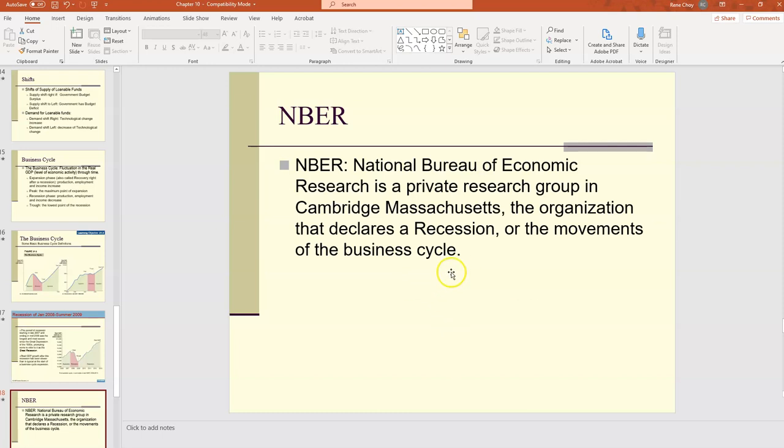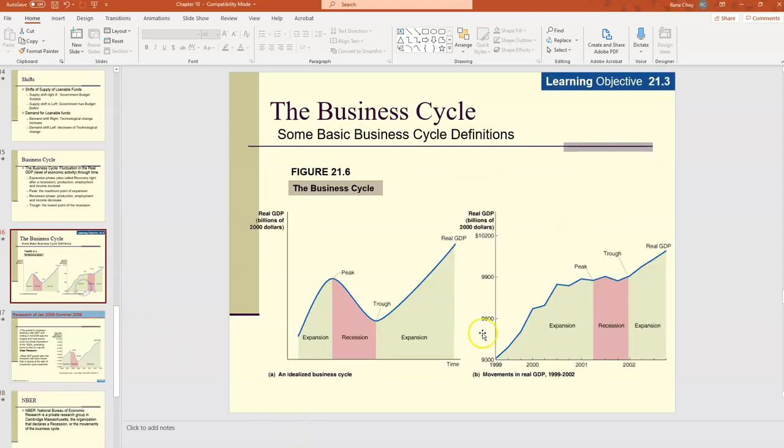Now, they already have a definition for a recession, and the definition for a recession is 2 consecutive quarters of real GDP decline. So what we call a recession is 2 or more quarters of real GDP decline. And remember, a quarter is 3 months in the economy.